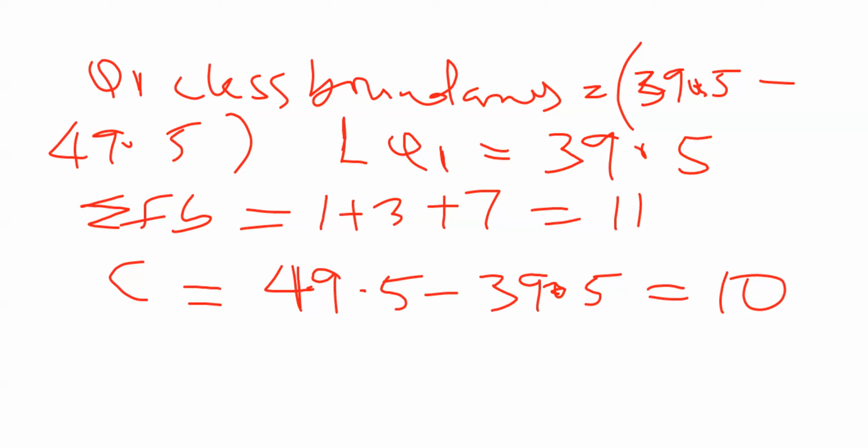Everything has been stated. N we know, N over 4, already we have calculated as 25. Class length of the class is 10. Any questions? Remember that the Q1 frequency is 20. We added the frequency before, and the result became 11. Any questions? Who is not clear?